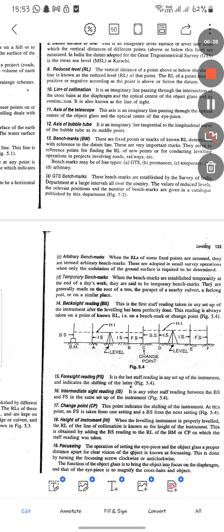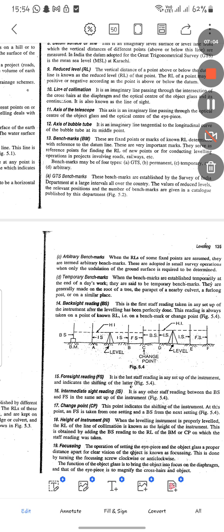And lastly, we have benchmarks. Benchmarks are fixed points or marks of known reduced level determined with reference to the datum line.